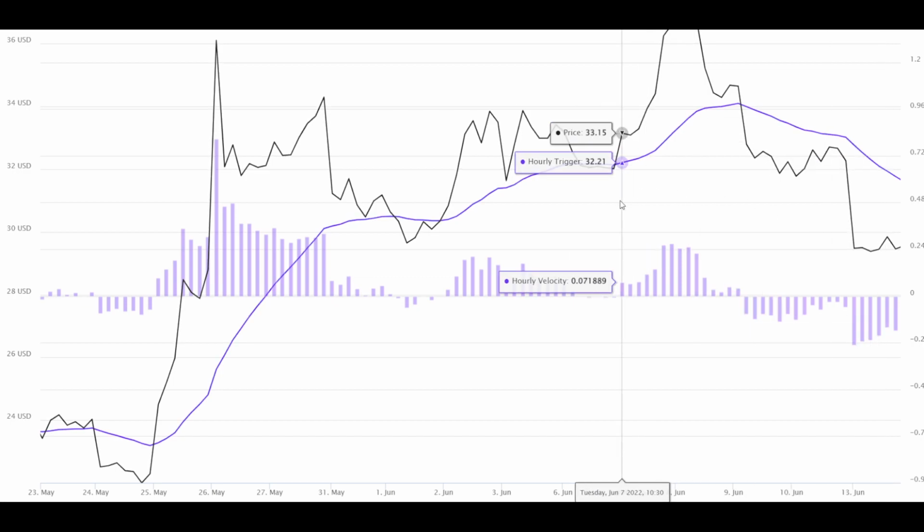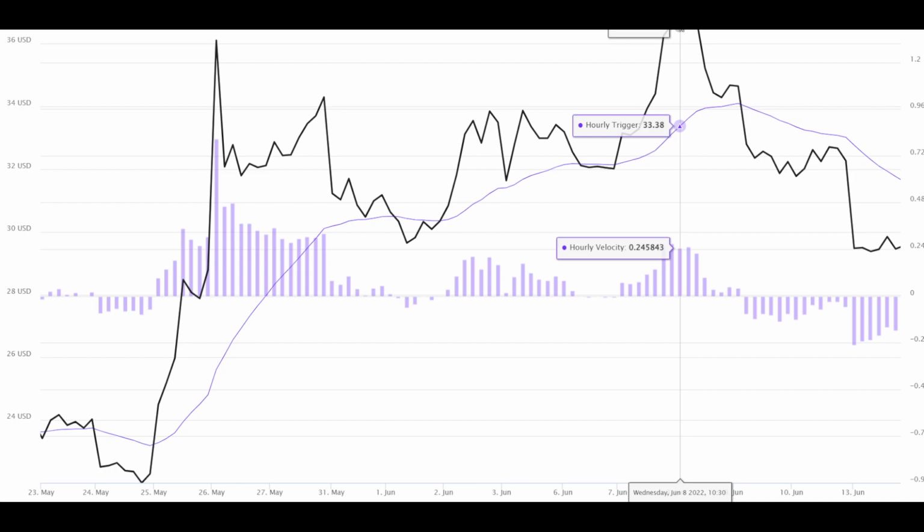So while we're here, I like to bring out something called divergence, which is when price makes a new high but velocity doesn't. And when you have that, that's a bearish scenario. Now, you really need 3 sets of divergences, so 3 new highs while velocity is not making new highs to confirm a bearish divergence.